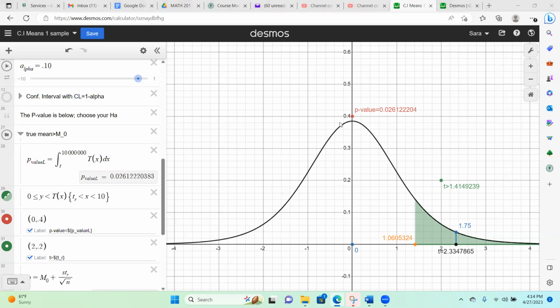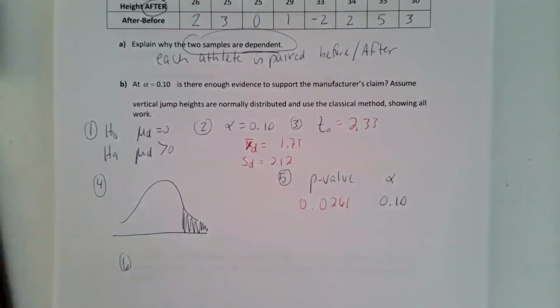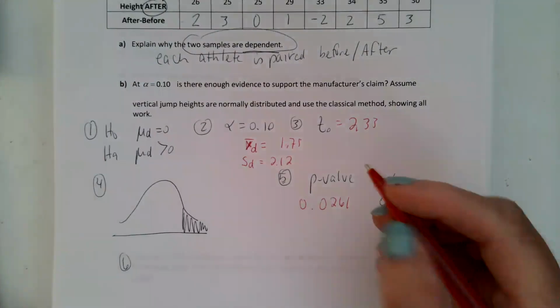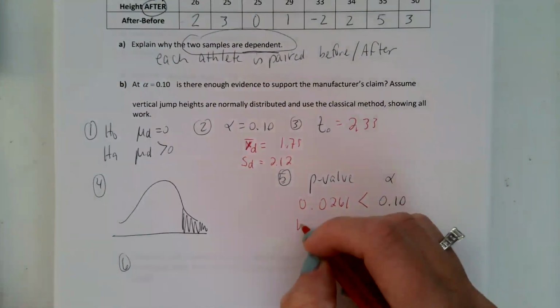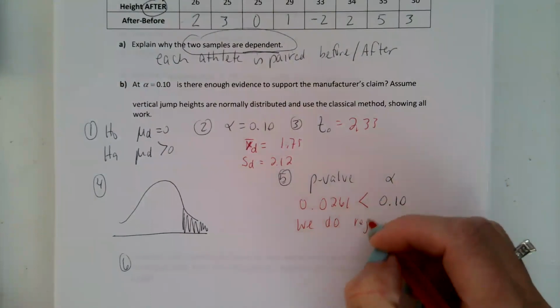I'm going back to my paper here and I can tidy everything up. My p-value is definitely less than alpha, so we do reject H0.